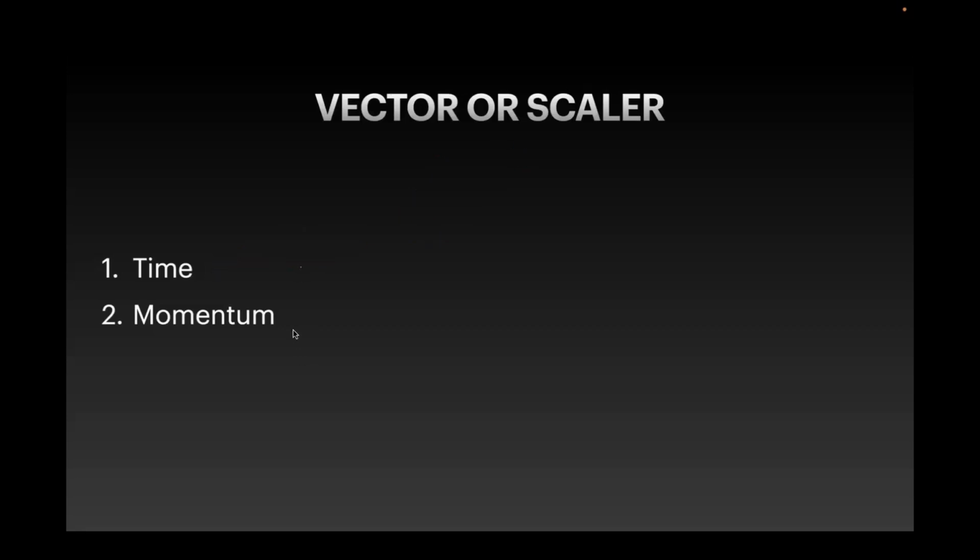What about momentum? Momentum is a vector. How is it a vector? Let us see. We'll prove this now. Listen to this proof very, very carefully. It will be helpful. By standard formulas, you should know that momentum is nothing but mass into velocity. Momentum, which is represented as P, is mass into velocity. This arrow symbol represents a vector. Mass is a scalar. Velocity is a vector, so I have put the arrow mark.